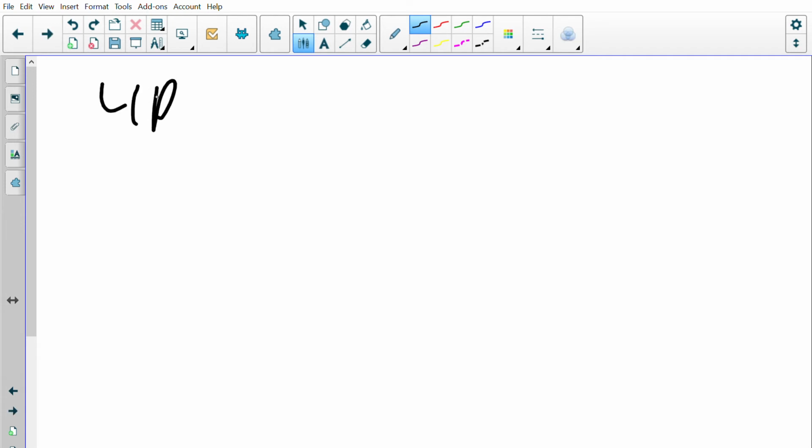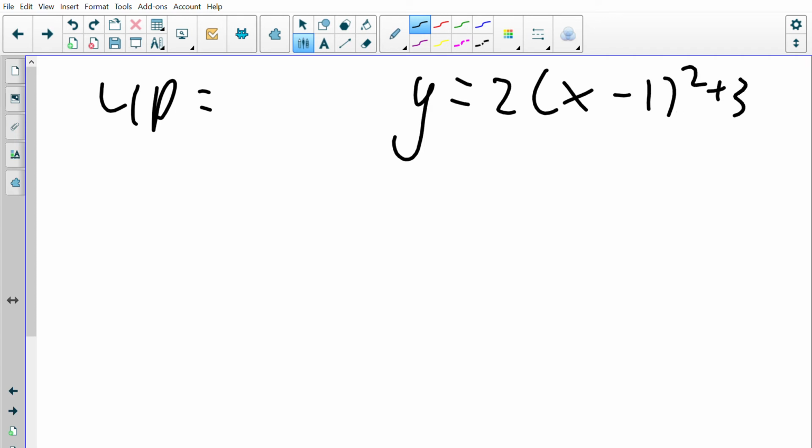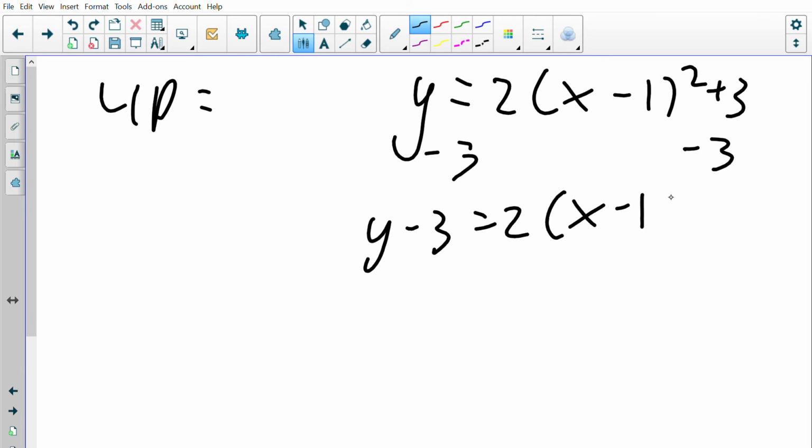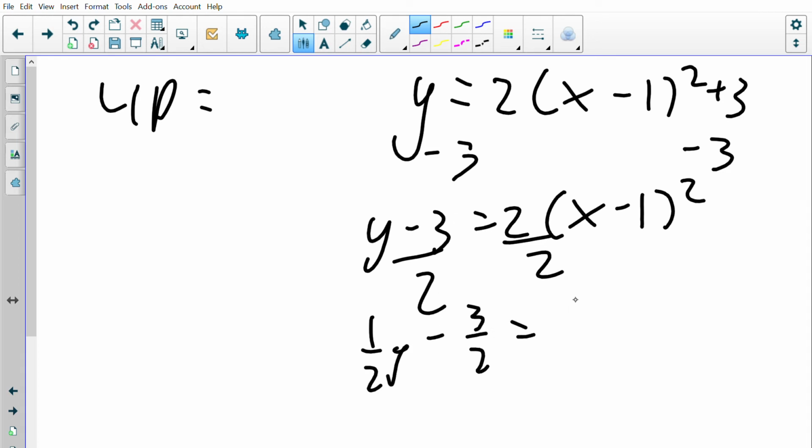So whatever 4p is. In our first example, where we had y is equal to 2 times x minus 1 squared plus 3, we have to get the square on one side and everything else to the other. So I'm going minus 3, minus 3, divide by 2, divide by 2. So now I have 1/2 y minus 3/2 is equal to x minus 1 squared. So the squared is on one side, everything else is on the other.